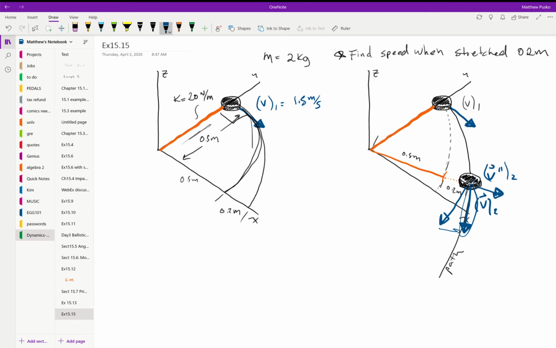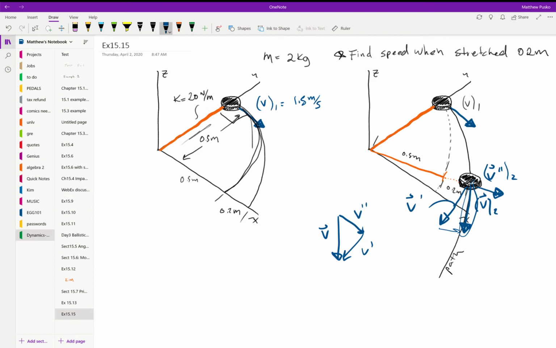I'm going to call this one right here v prime. And what we have then is a triangle, v, with a radial component v double prime and then v prime.